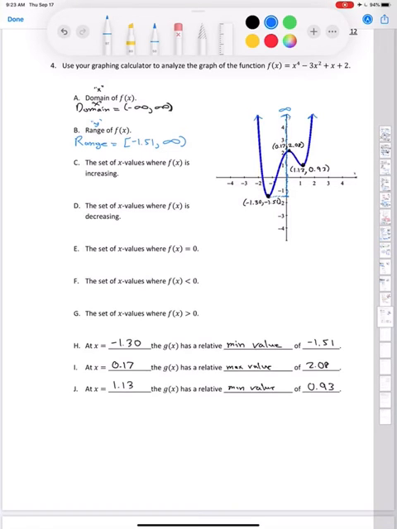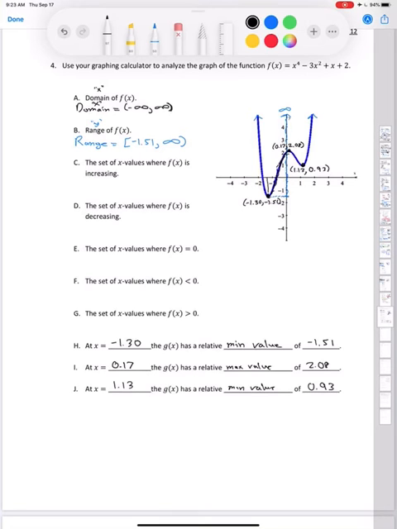So there's our range. Now moving on to part C, as we continue to analyze this graph, it says find the set of x values where your function is increasing. So where is this function rising, going up from left to right? That's a quick way to look. So I want you to look on this graph. If I'm looking from left to right, it's rising between the first min point and the max point, between negative 1.3 and 0.17 on the x-axis, right here.